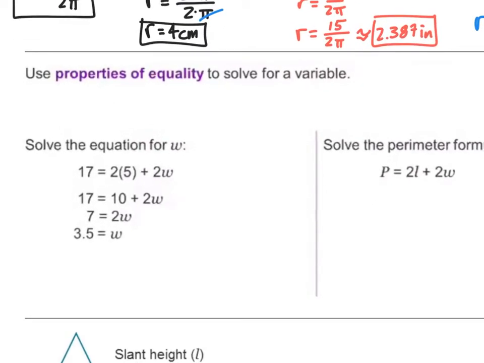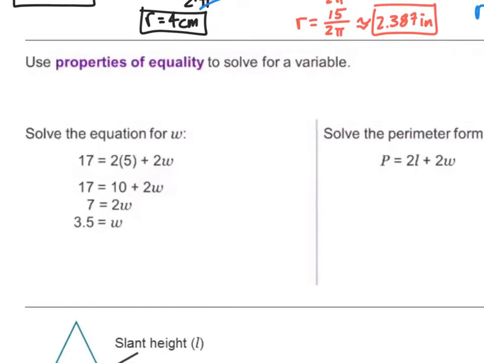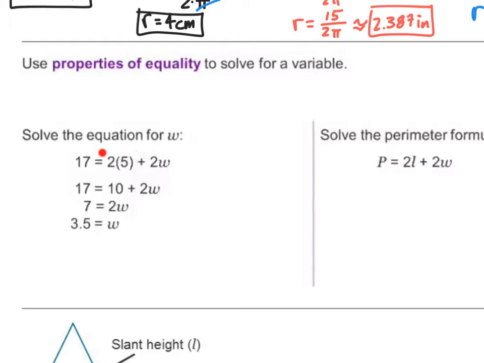Now, in this instance, you're solving this equation for w. When you have this single variable, you've got some value, 17 is equal to 2 times 5 plus 2 times w, and you're just solving for w.